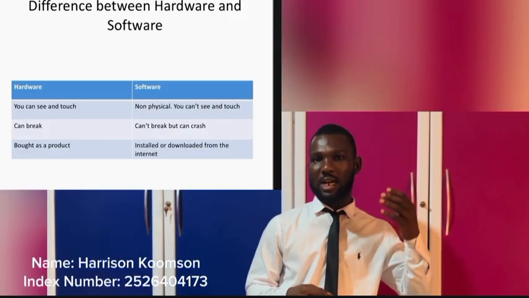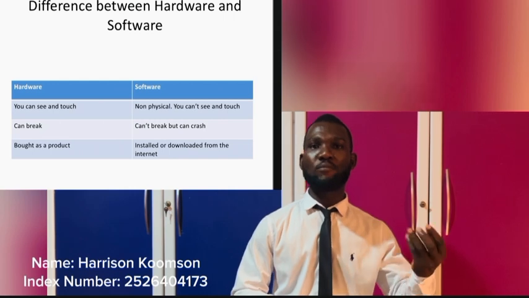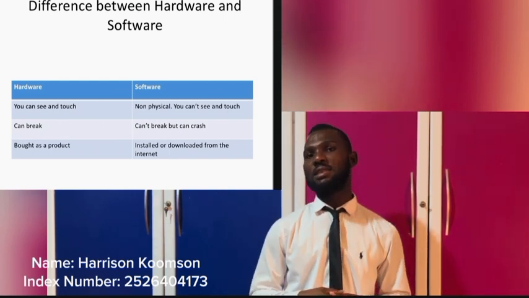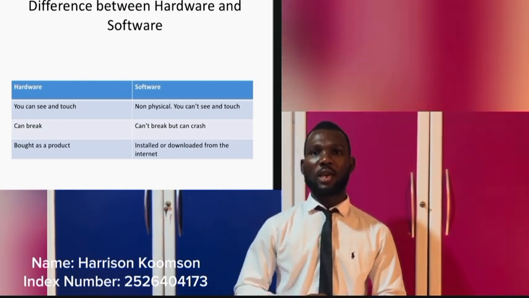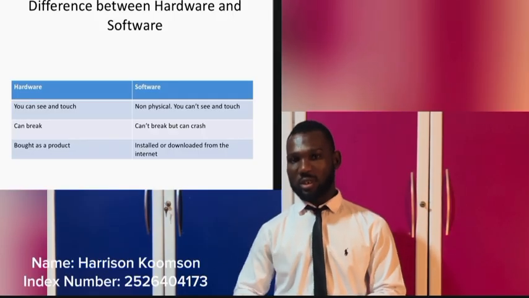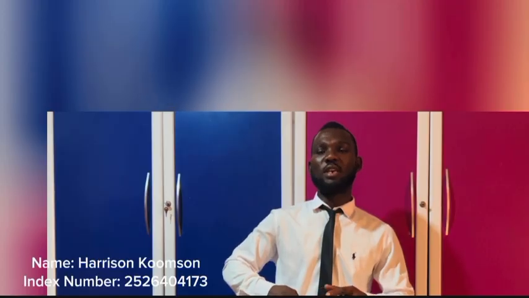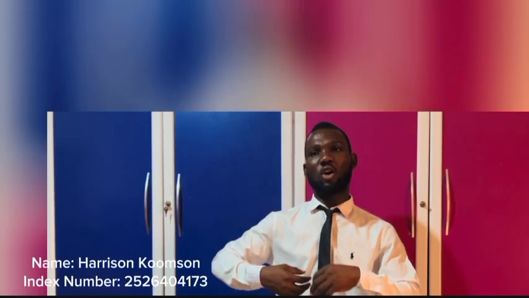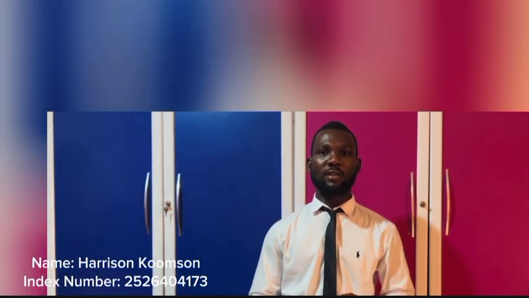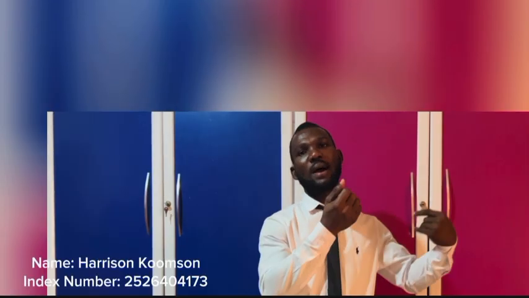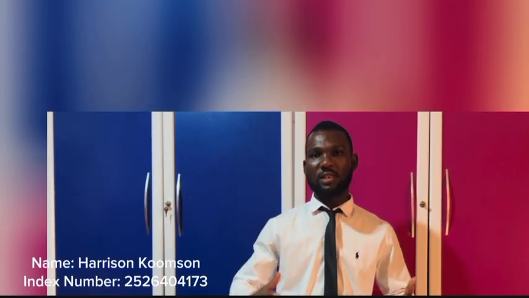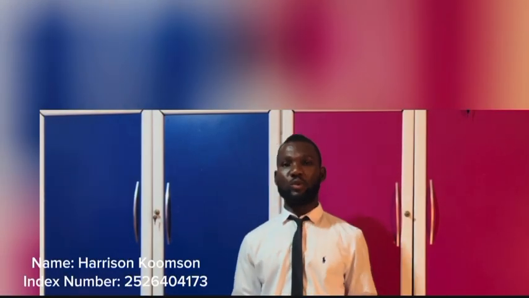And computer hardware is mostly bought as a product in a box, but computer software is mostly installed or downloaded from the internet. So we install computer software on our computers, whilst computer hardware we buy as products in a packaging box.